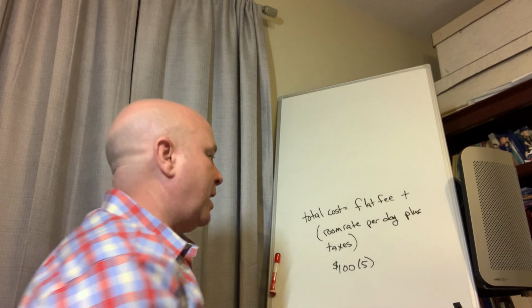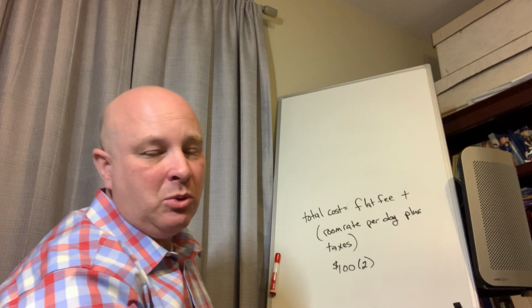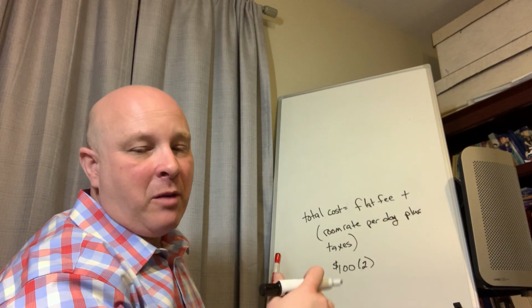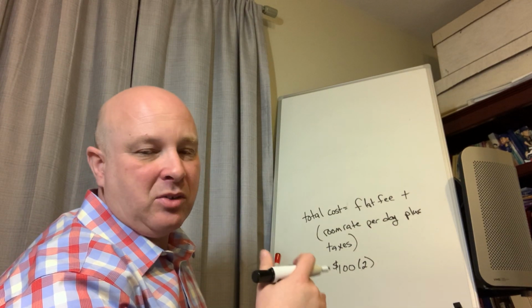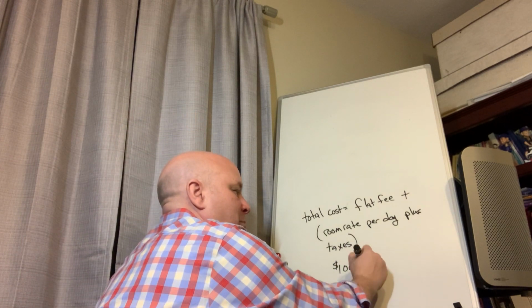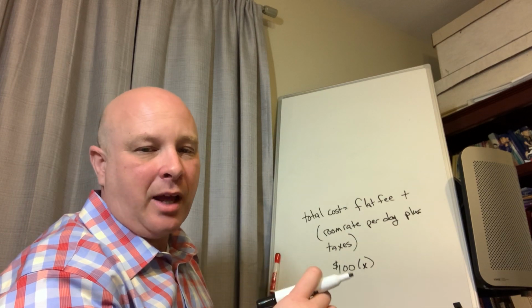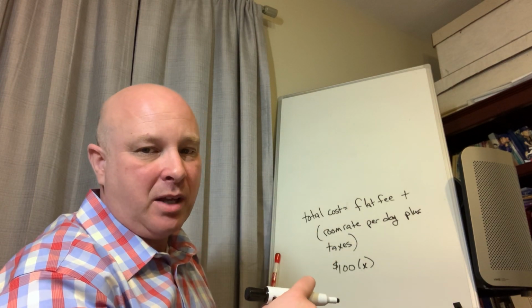If I'm staying 2 nights, that would be times 2. If I don't know how many nights, I just need to know how this is going to work. I'm going to replace this with something that I don't know. In other words, my per day becomes an X. 100 times X means 100 times however many days I'm going to stay, right?